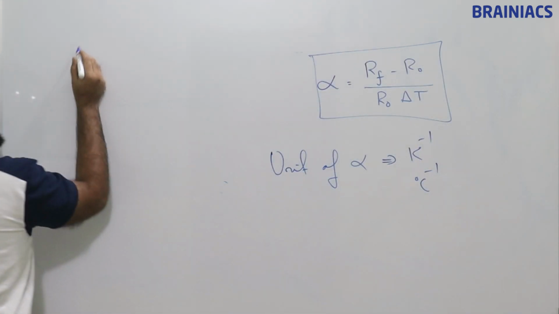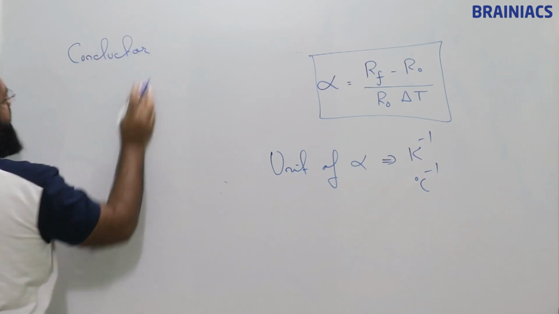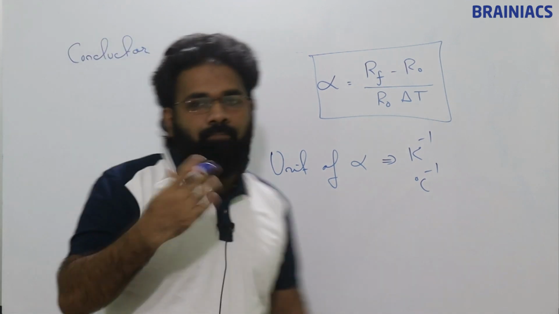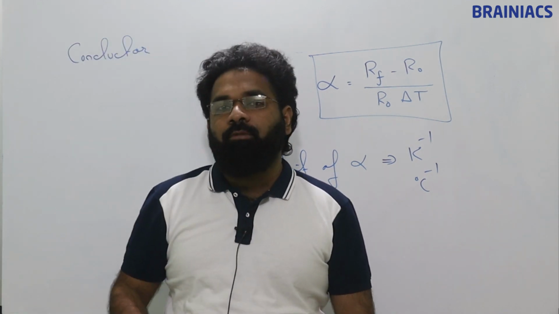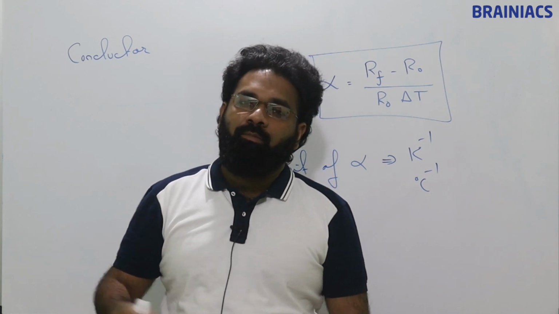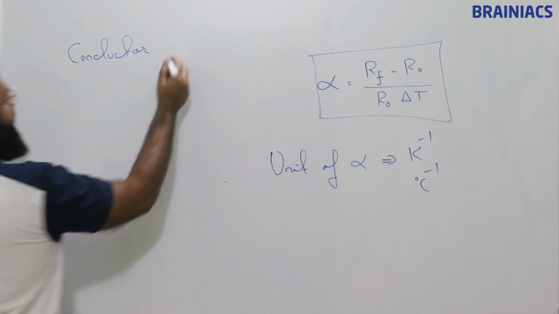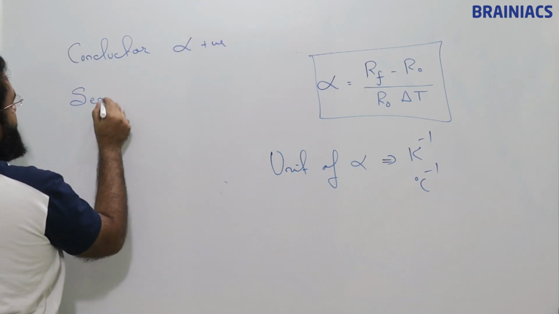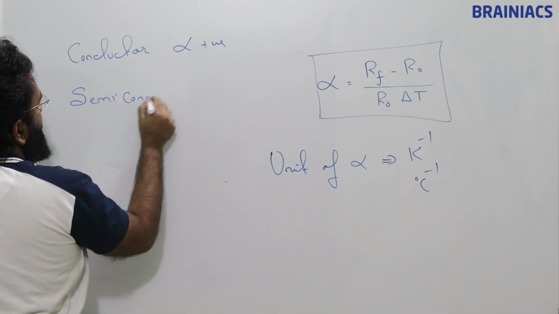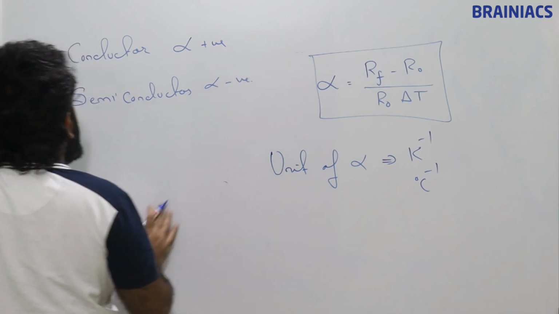So for conductors, the resistance increases with temperature, and all these factors come here with alpha. So for a conductor, alpha will be positive. For a semiconductor, alpha will be negative.